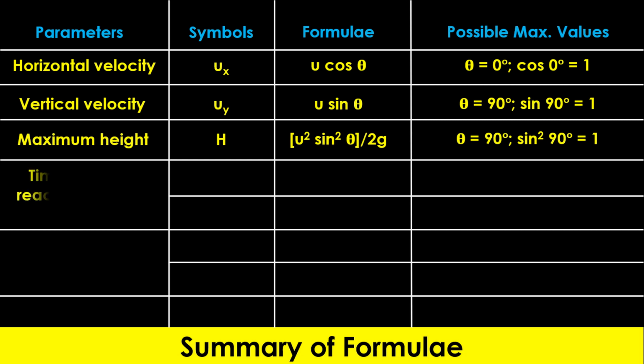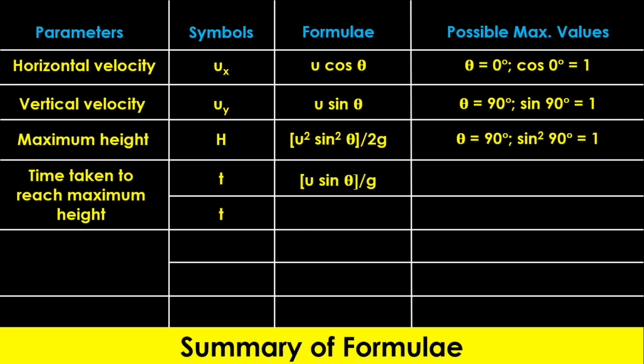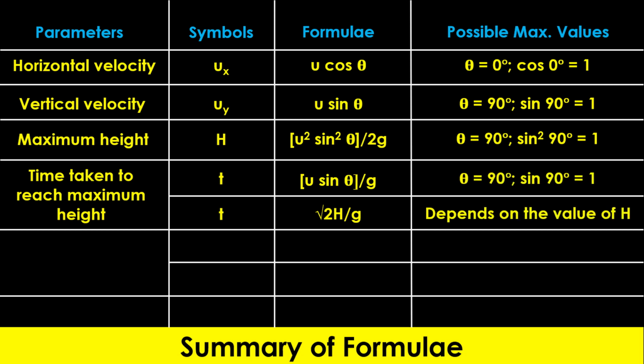Next is the time taken to reach the maximum height, small t, calculated as u sine theta over g or the square root of 2h over g, and its value is maximum when the angle of projection is 90 degrees. Next is the time of flight, capital T, calculated as 2u sine theta over g or 2 times the square root of 2h over g.